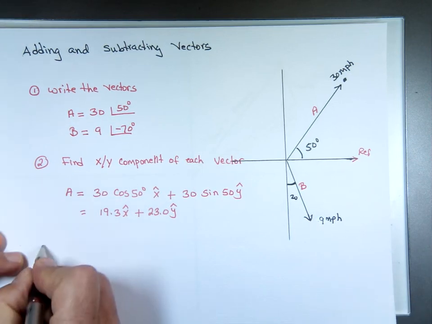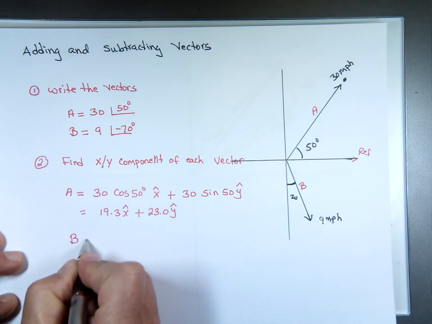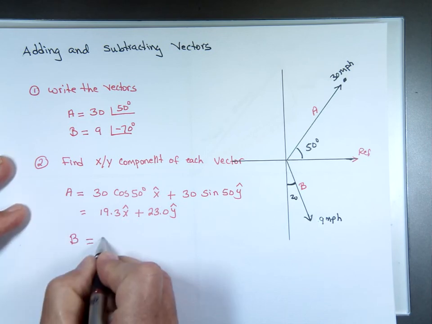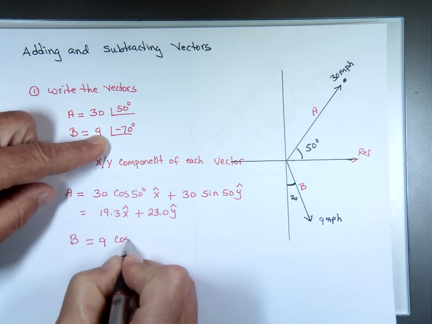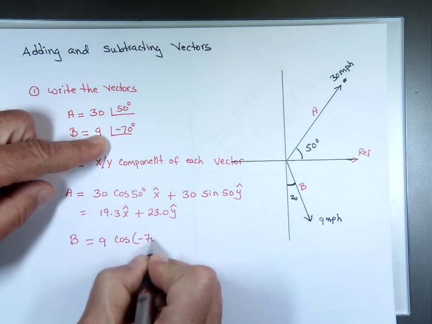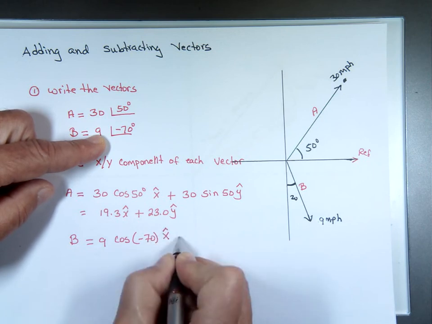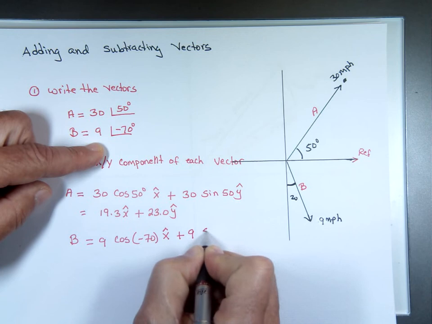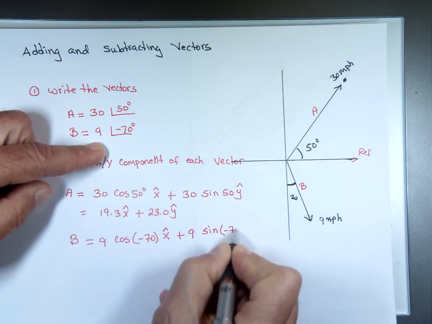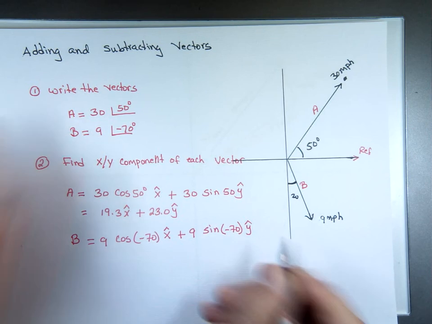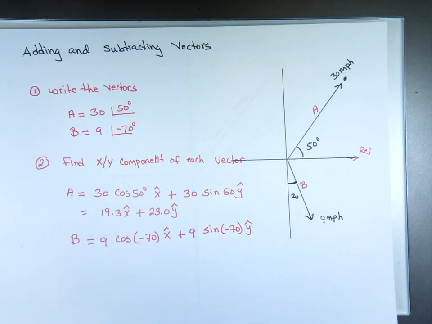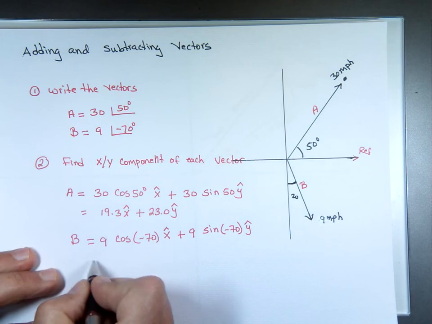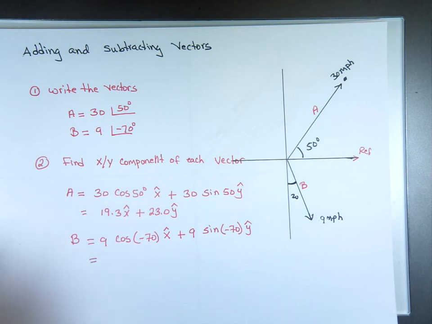Vector B is going to have an x component of what? 9 cosine of what? Negative 70. That's in the x direction. The x is always cosine, the y is always sine. So 9 cosine negative 70 is 3.08.